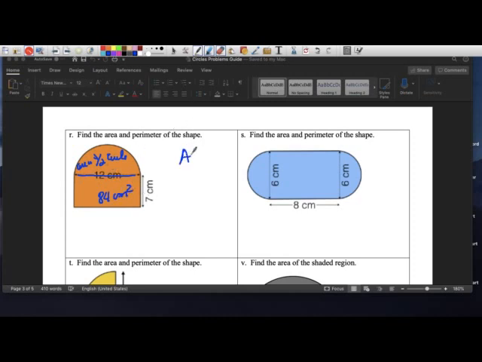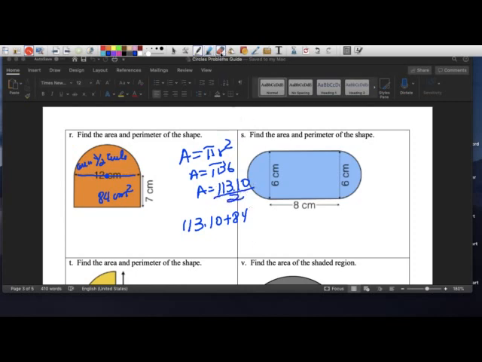The area of the circle on top is going to be area equals pi r squared, and the radius is not 12, but 6. So it's 36, or better yet, let's multiply 36 times pi, and we're going to get 113.10 rounded. So if we add 113.10 plus 84, oh, sorry, I forgot to divide the area by 2.